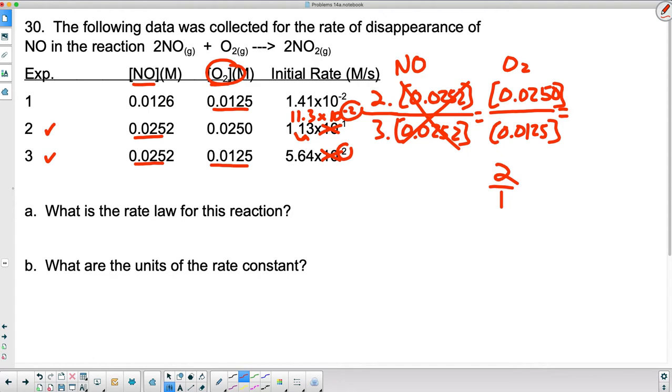For experiment number 2, I get 11.3 on top, and for experiment number 3, I get 5.64 on the bottom. Notice for the rate that when I double the concentration for O2, the rate doubles also. 11.3 is exactly twice the 5.64.